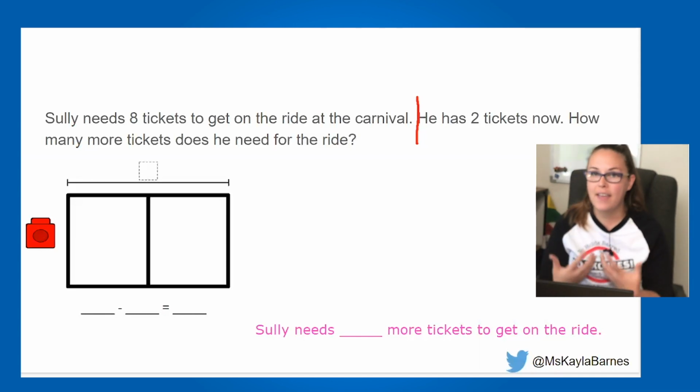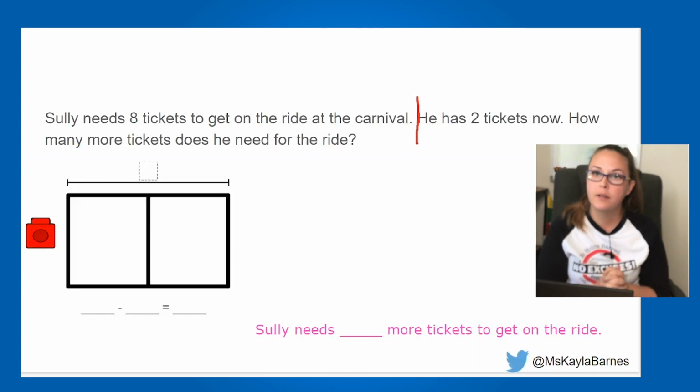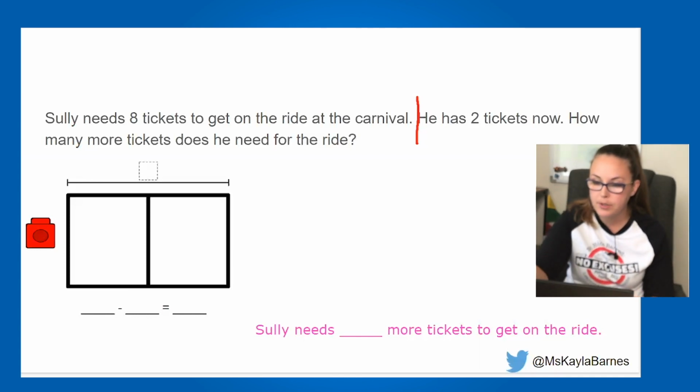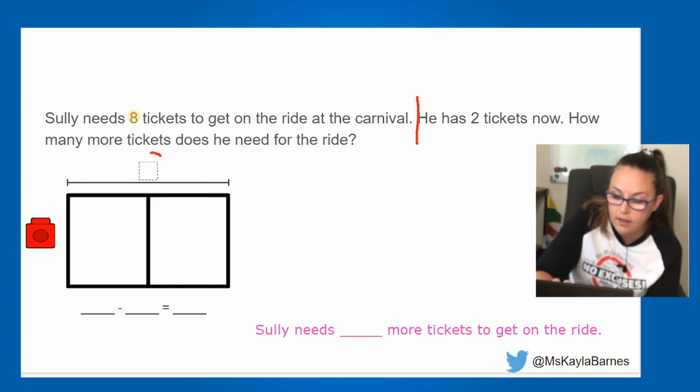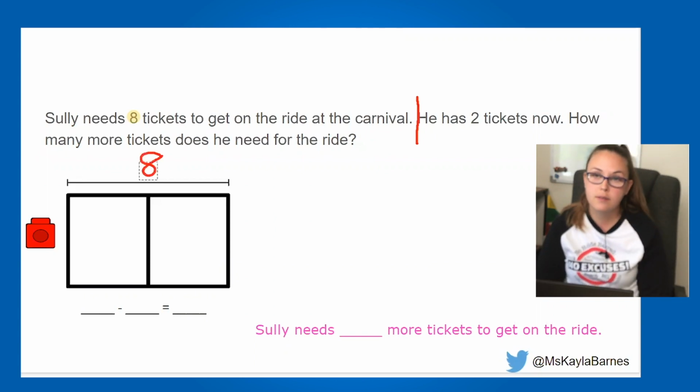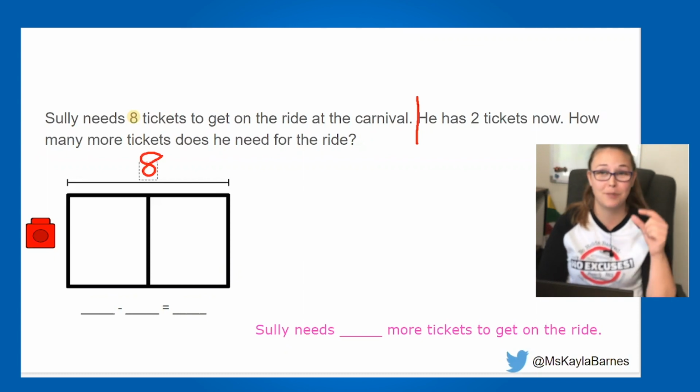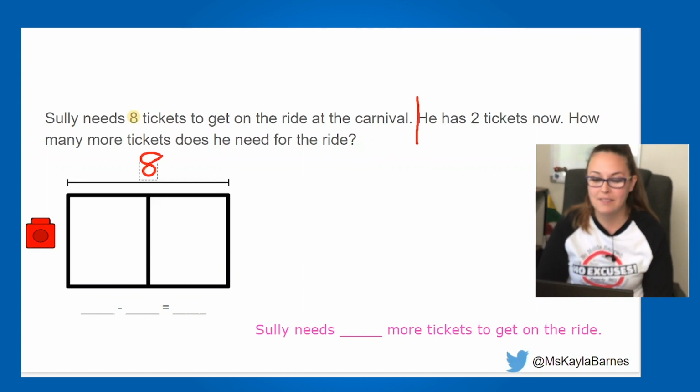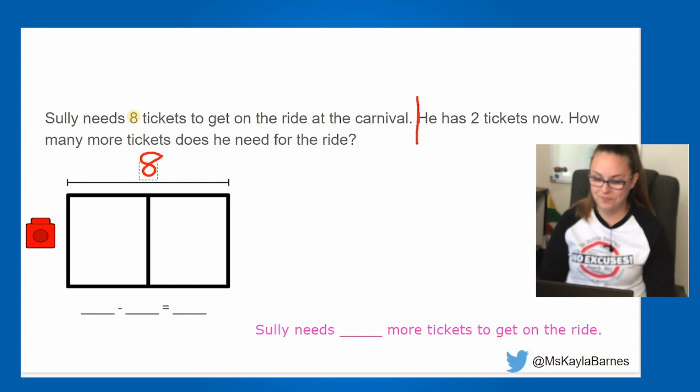Sully doesn't have 8, but that's how many he should have if he wants to get on the ride. So that number does represent the amount of tickets that he will need in order to get on the ride. So we're going to model that in our part whole map by writing 8 at the top in the total box. My total box is really small, so my 8 doesn't fit into it, and that's okay.